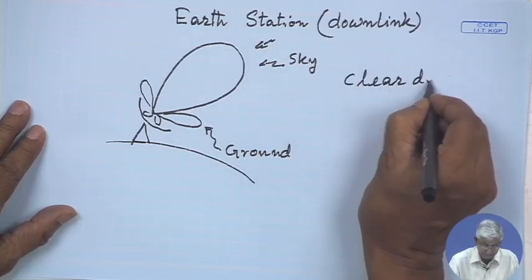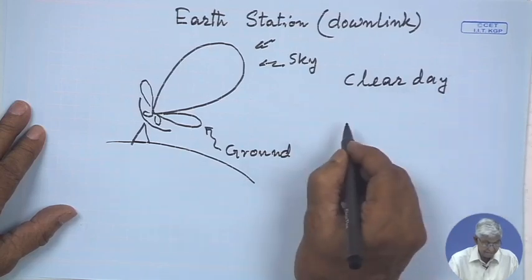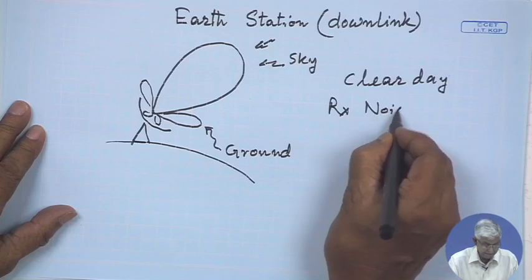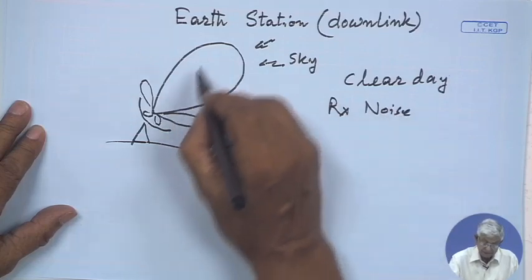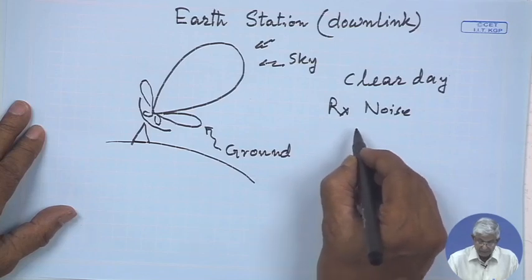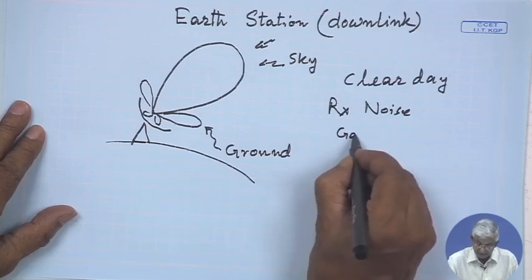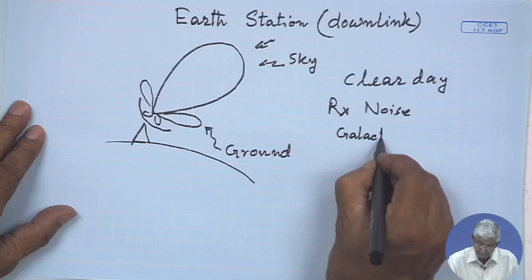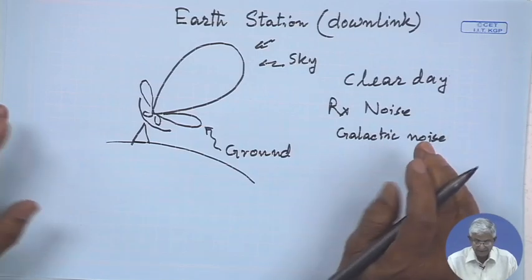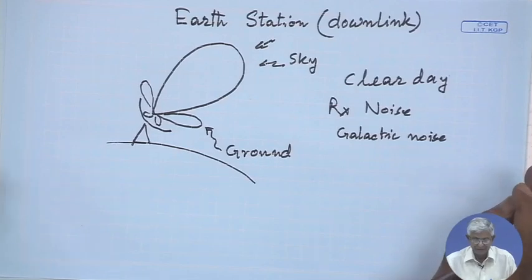During a clear day, the received noise at the antenna will see, towards the sky mostly, the galactic noise, which is all over the sky. You know, an enormous number of stars are there.